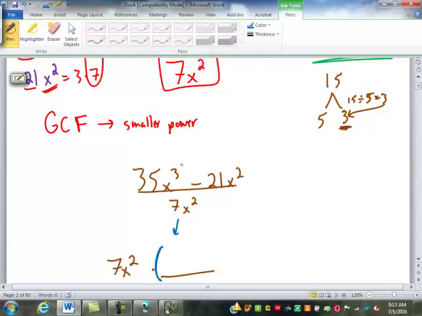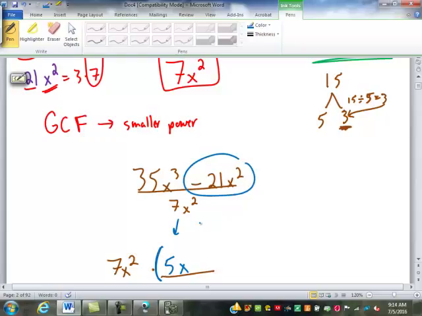So what is 35x to the third divided by 7x squared? 35 divided by 7 is 5. X to the third divided by x squared is just x. 3 minus 2 is 1. So x to the 1 or just x. So then negative 21x squared divided by 7x squared.